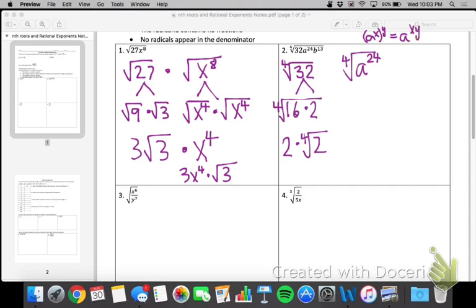So really, we want to find whether there is something that 4 times something gives me 24, because that's what's going to undo my fourth root.